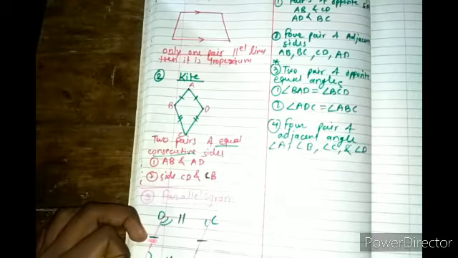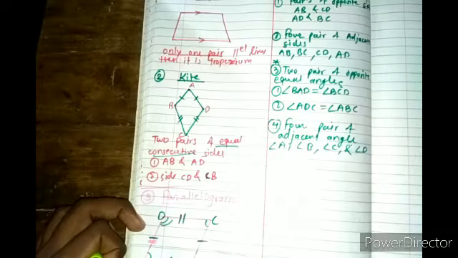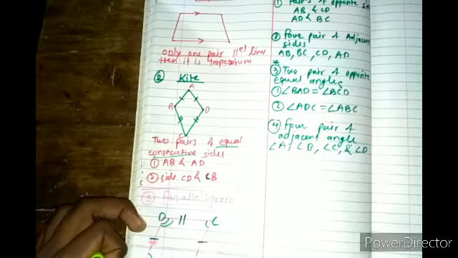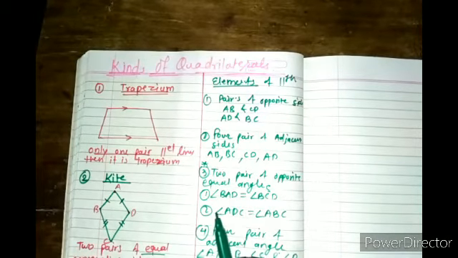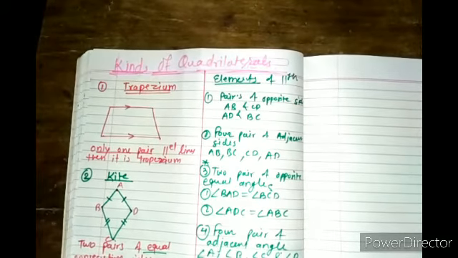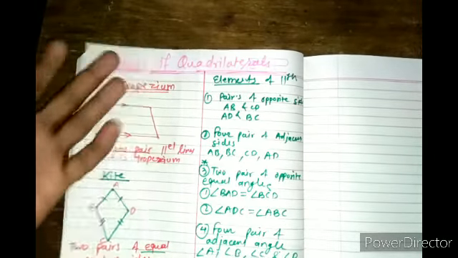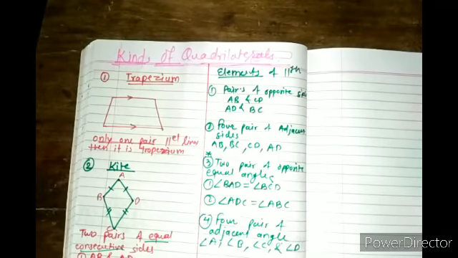The third type is the parallelogram, the quadrilateral whose opposite sides are parallel. There are four elements: pairs of opposite sides, pairs of adjacent sides, two pairs of opposite angles and four pairs of adjacent angles. If you want to copy this in your notebook, you can copy that. Otherwise, I have already uploaded the paper image. You can copy from there also. Okay, thank you.